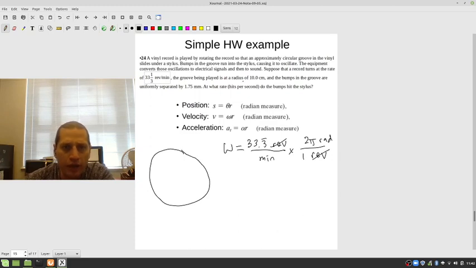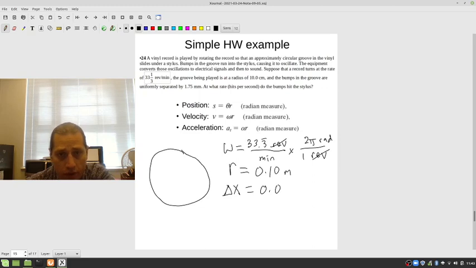The groove being played is at a radius of 10 centimeters, so R is 0.10 meters. And the bumps in the groove are uniformly separated by 1.75 millimeters, so delta X equals 0.00175 meters. At what rate, in hits per second, do the bumps hit the stylus?